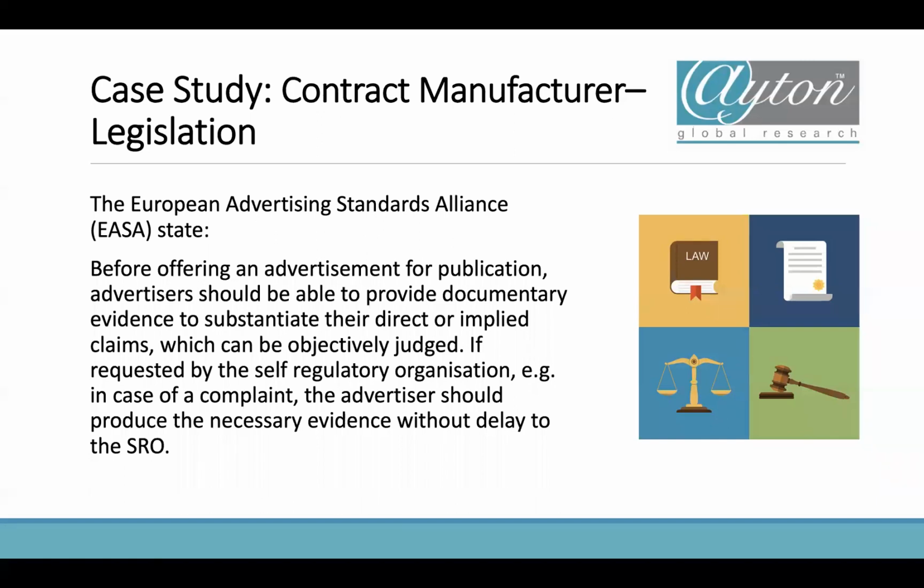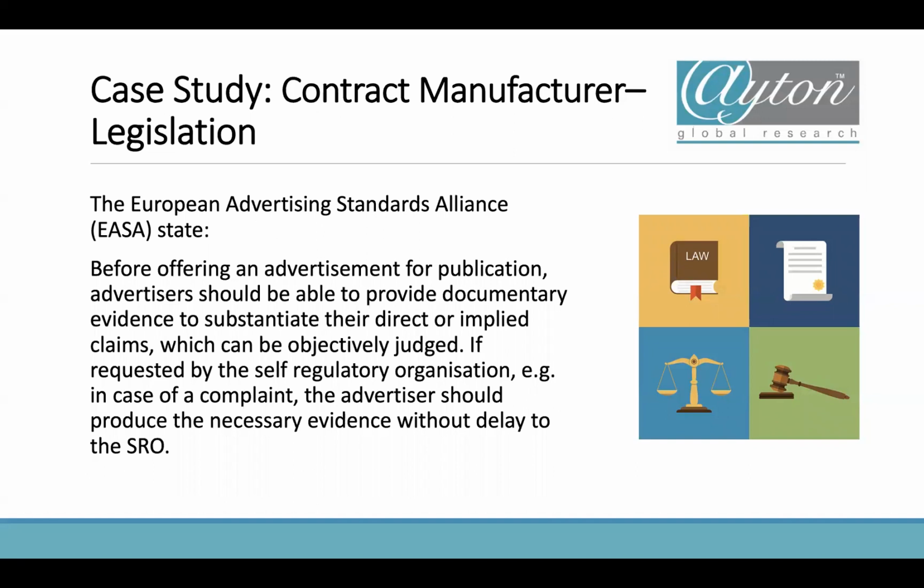So again, just really important to know what your claims are, know what your category is, know what you can say, and make sure you have that evidence. You should be able to provide it without delay. That's really important. The cosmetics industry can be one to retrospectively get evidence on claims. It's something we can do.